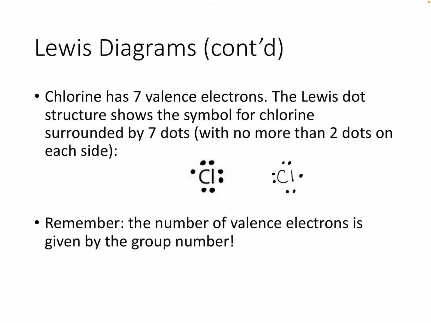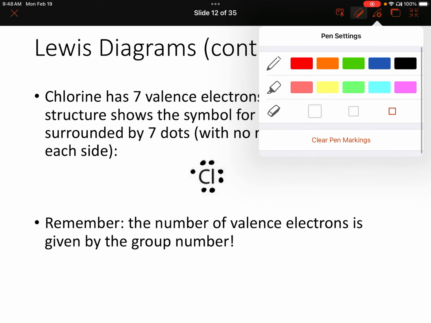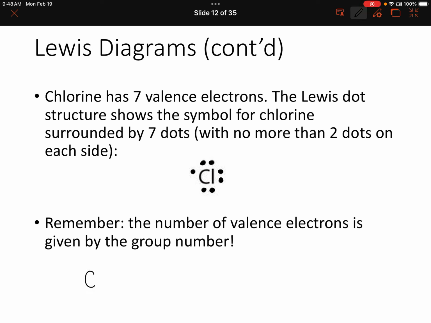Now, when we're actually drawing out a Lewis dot symbol, what I typically do is I start by putting one dot on each side first. Then, if I have any more electrons or dots, then I start pairing them up. And we'll see this as we go over some more examples as well.